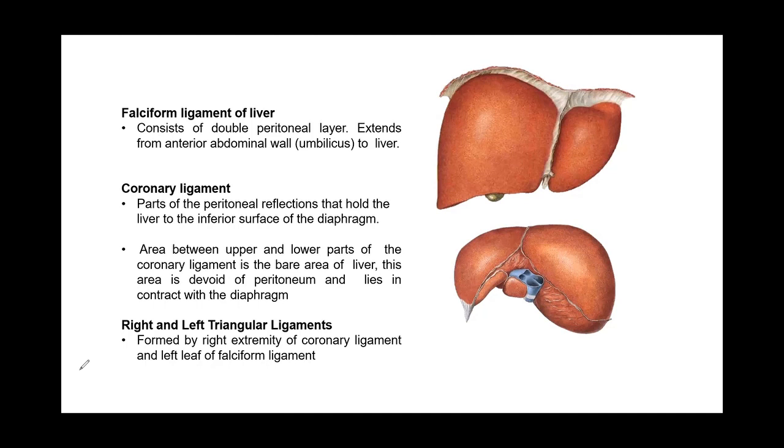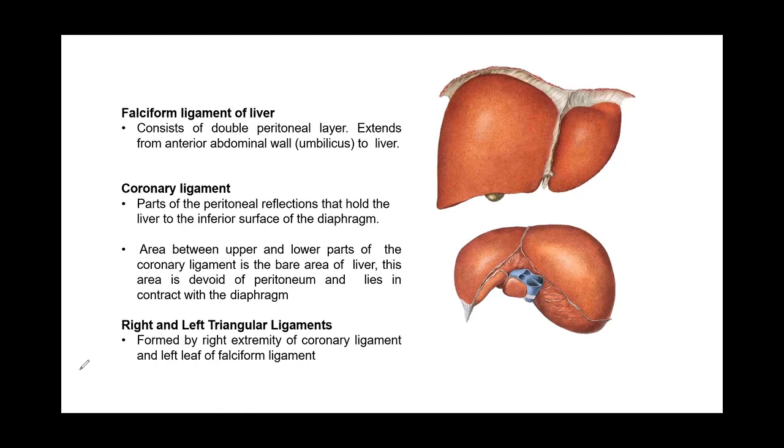Now, I would give you an assignment. You tell me what are the unique features of the bare area of the liver in terms of, okay, the lymphatic drainage. Let me just allow you to find out.